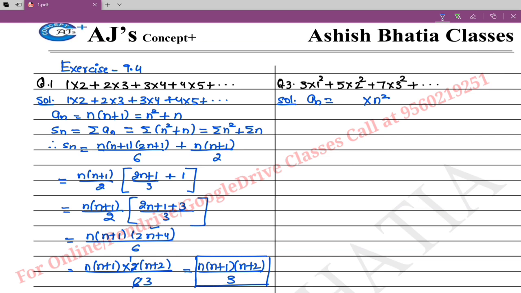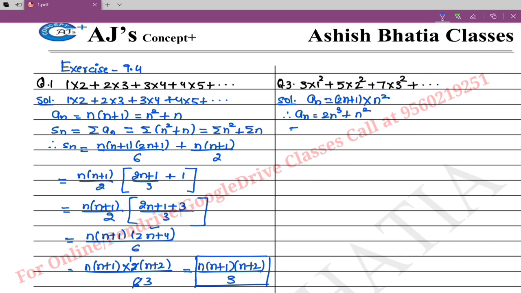But if the odd number starts from 3, the general expression is given by 2n plus 1. So for 3, 5, 7, 9 and so on, nth term would be 2n plus 1. Fine. For detailed explanation, visit the class notes or the class videos. So therefore, an will be equal to 2n cube plus n square.